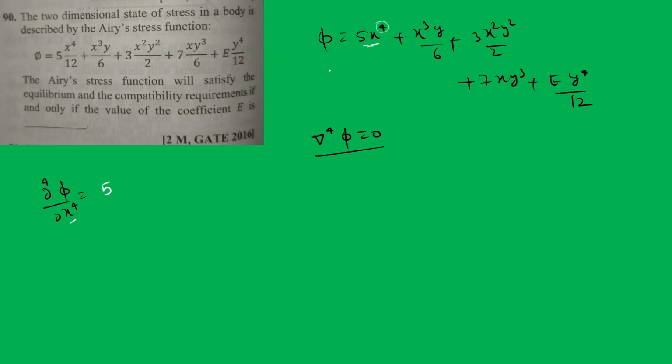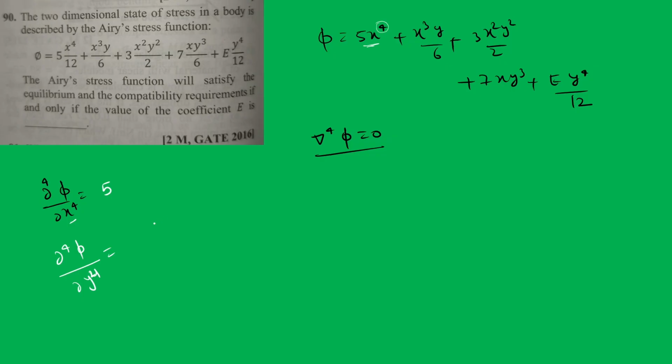Okay, you have to be smart while you are trying to solve the GATE questions. Then del to the power 4 phi by del y to the power 4. If I try to find that, what would it be? y to the power 4 by 12, so this one is there.